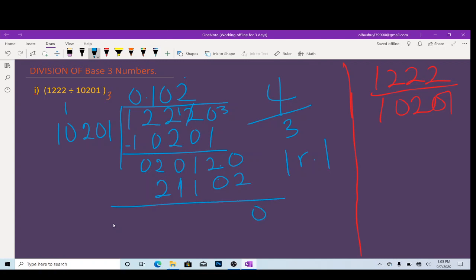Subtracting, you have this will give you 1. This one will give you 3. Sorry, pardon. So 3 minus 2 is 1. This is 1 minus 0, 1. Then 1 minus 1 is 0.